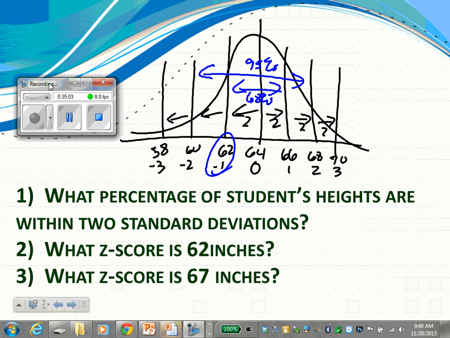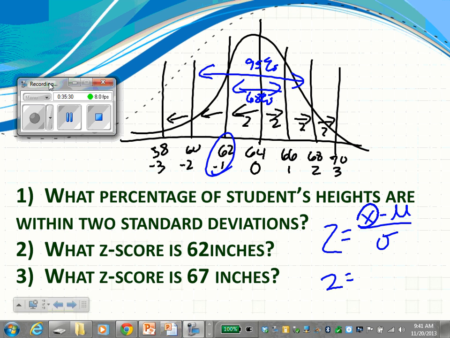Okay, in this case, number 3, what z-score is associated with a data value of 67? This one's pretty simple to see because it's going to be 1.5, but if you didn't know it, you would have to use the formula. Just reviewing that. Are you looking for the z?